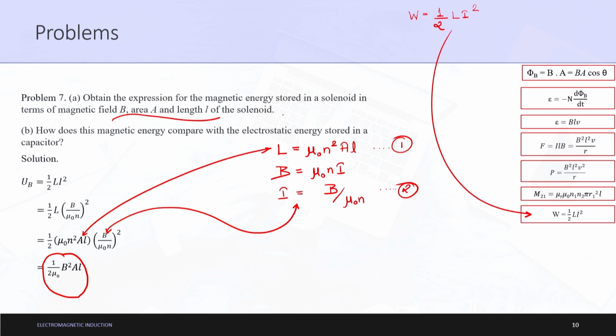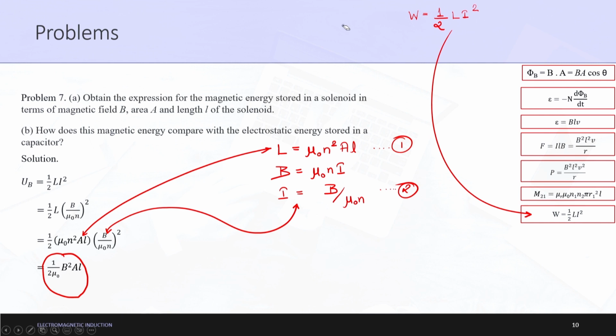Let us say a value of n in some other expression needs to be calculated, then the question would be framed in that way that the final value asked to you would be a function of n, B, A and l. So, please make sure that if the calculation is right, then the value you will get will be a function of B, capital A and small l, but there is higher chance that if you are not getting it a function of only these three terms, then you are making a mistake somewhere while calculating the answer. Just a little trick for your exams.